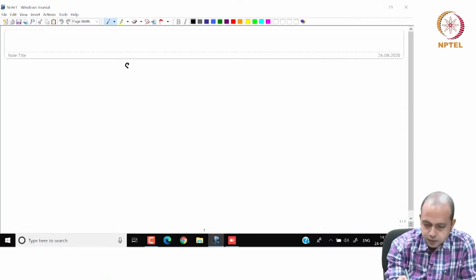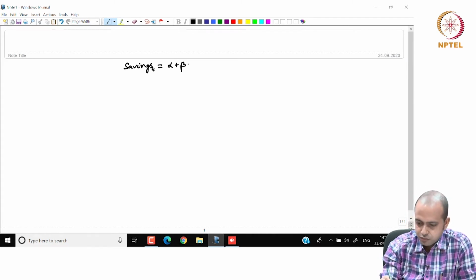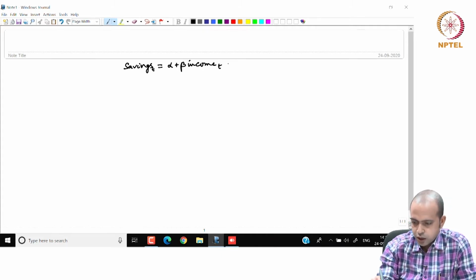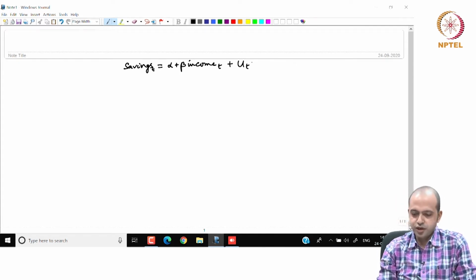Our model is, let me write my model: Savings equals alpha plus beta income at time period t plus u t. Since this is time series data, we write savings t. This is our savings income relationship in the context of US.